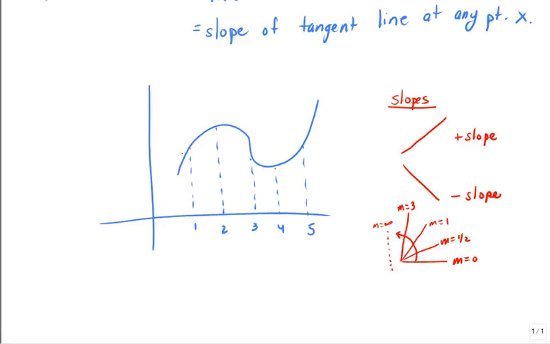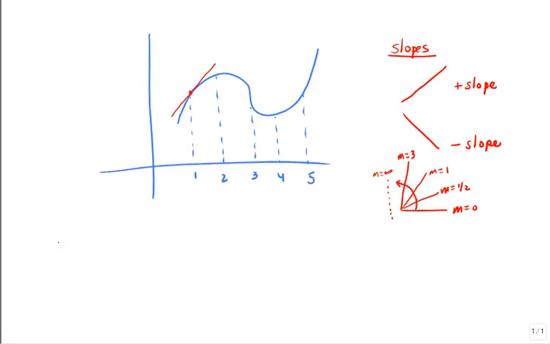So when I go over here and look at the slope of the tangent line at a point, let me make a little chart. At x equals 1, let's say the slope is about 1. At x equals 2, it flattens out, so let's say the slope is 0. Again, this is just a guess.